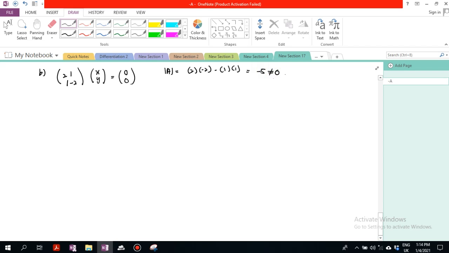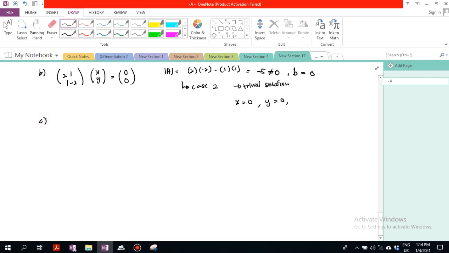But your b is equal to 0, so automatically we know this is under case number 2, which has a trivial solution. So you can see that x is equal to 0 and y is equal to 0.